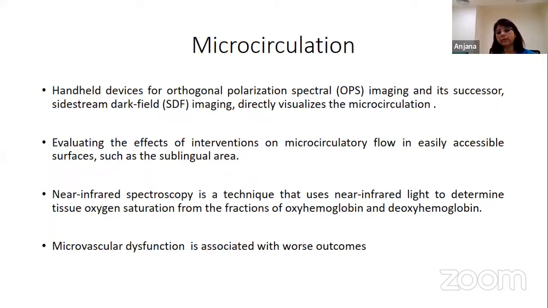NIRS is available in some of the centers, where you can use near infrared spectroscopy to see the oxygen saturation, the fraction of oxyhemoglobin and deoxyhemoglobin. That gives you an idea about the peripheral tissue perfusion, because ultimately the microvascular dysfunction is associated with worse outcomes. So it's not really done in all the centers, but we should know this.